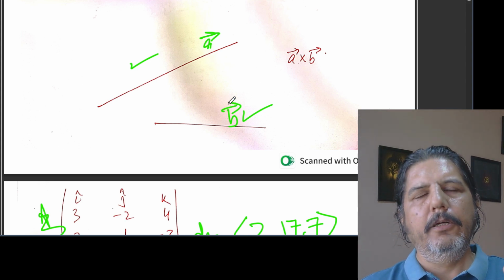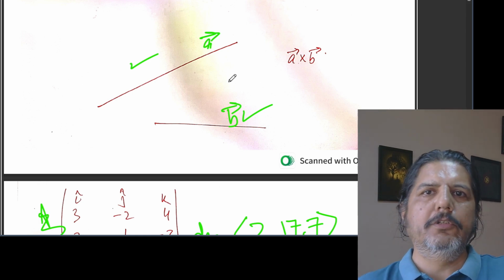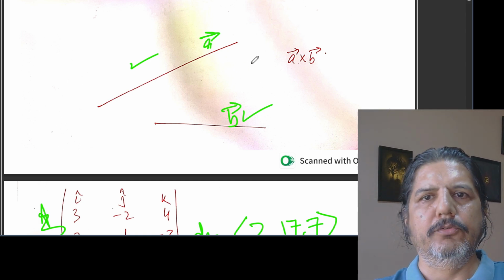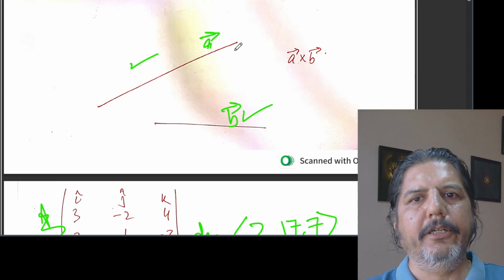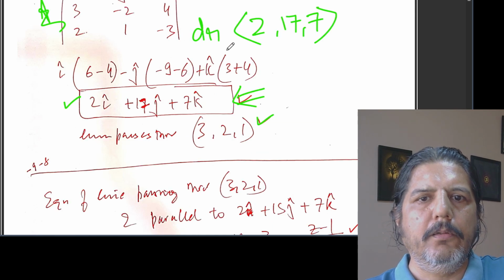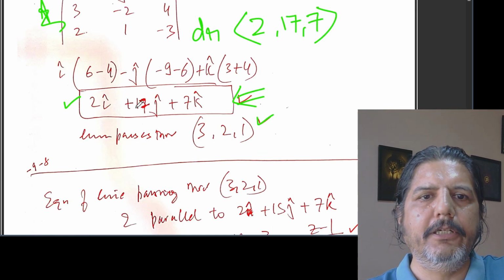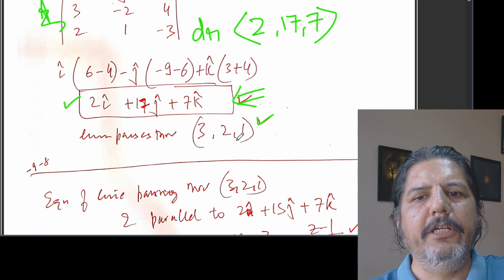To find the line perpendicular to both, I have to find the vector product. Once I have found the vector product, those are the direction ratios. The pedestrian pathway would have the same direction ratios as the vector product, so the direction ratio would be 2, 17, 7, and this line will pass through 3, 2, 1.